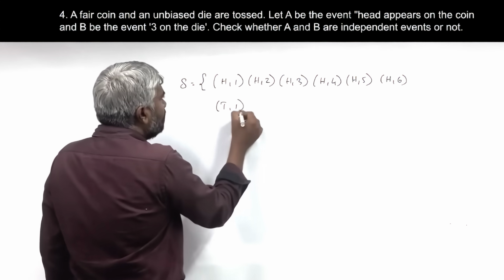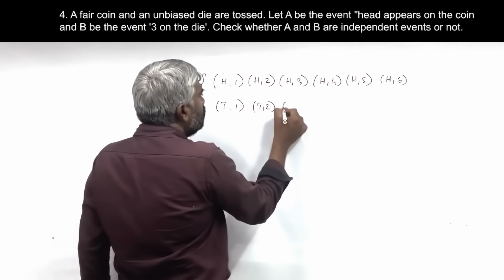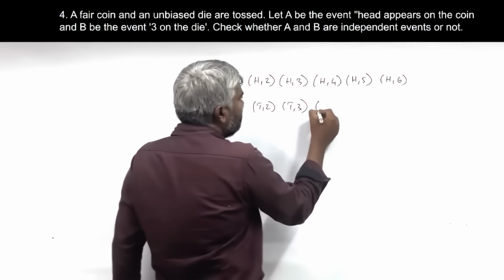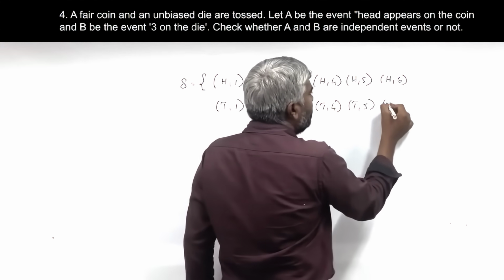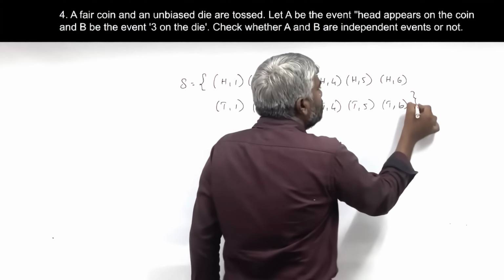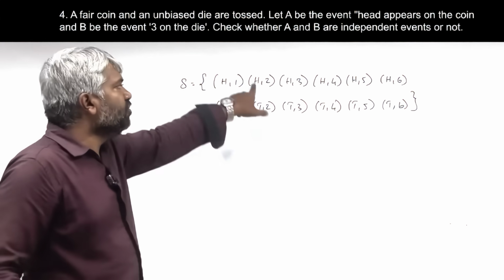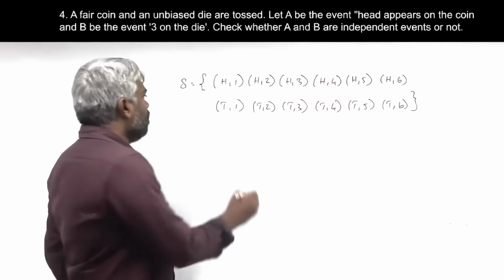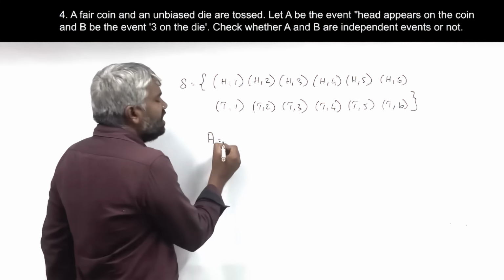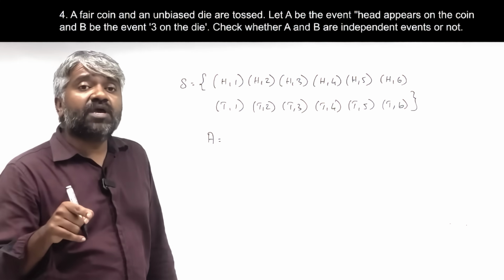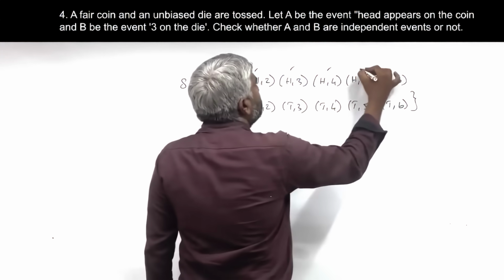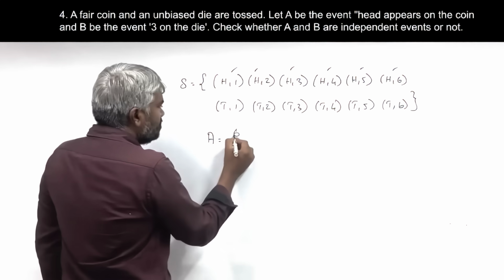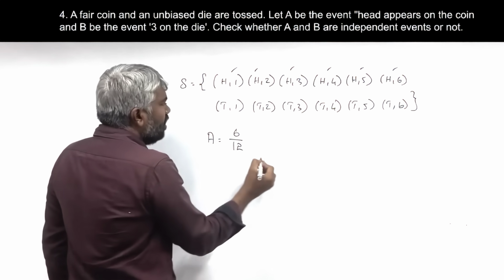Then tail comma 1, 2, and similarly what you have done for the head is followed over here when tail appears. So you have a sample space of 12 outputs. What is event A? Event A is head should appear on the coin. How many outputs are there? 6 outputs. So 6 by 12.